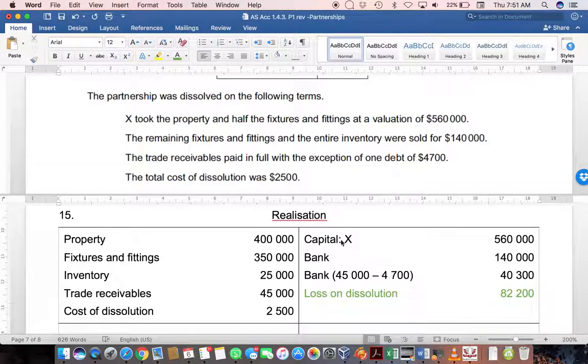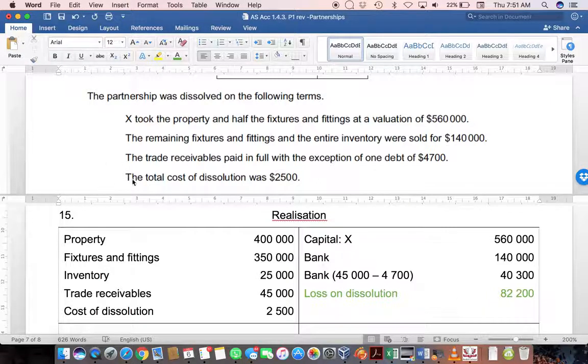Now, it tells us they were paid in full with the exception of one debt, so that means that of these trade receivables of $45,000, you received $45,000 less the bad debt of $4,700, so the actual bank figure is $40,300. If you wanted to, I suppose you could put the $45,000 here and the bad debts over there, but in my mind it makes much more sense to show the actual amount that you received, and so that's what I would do.